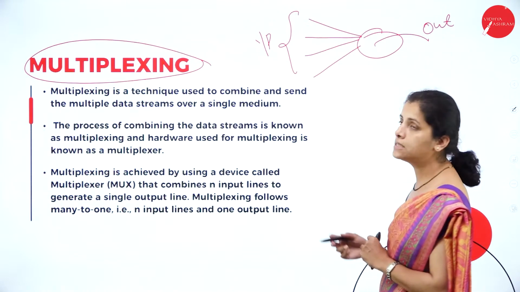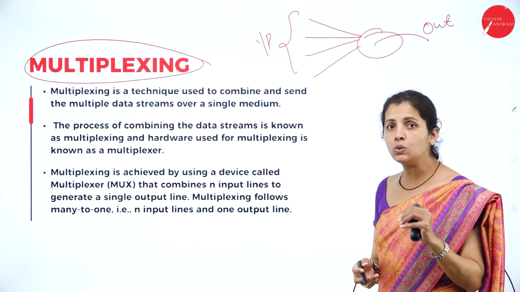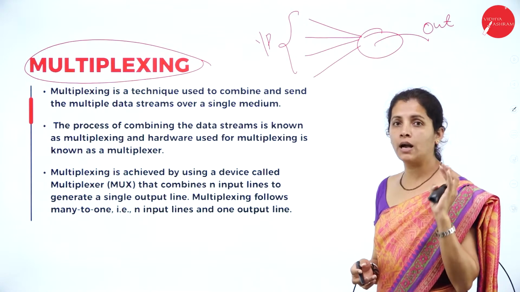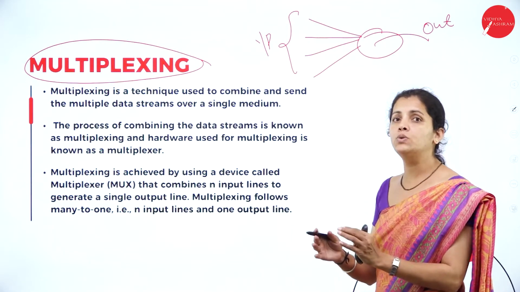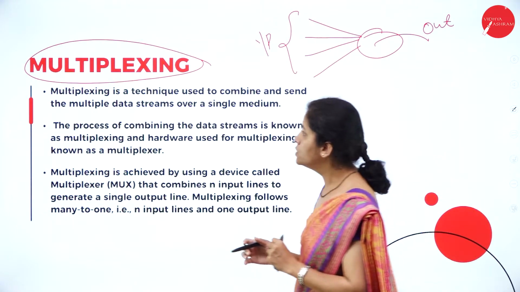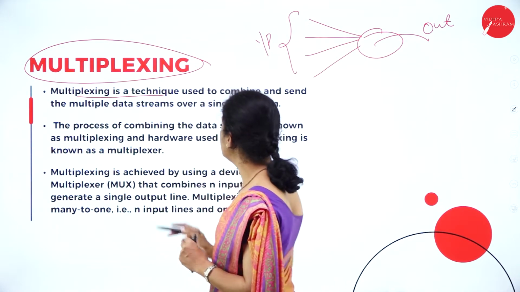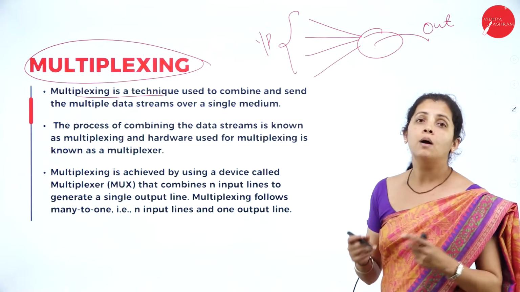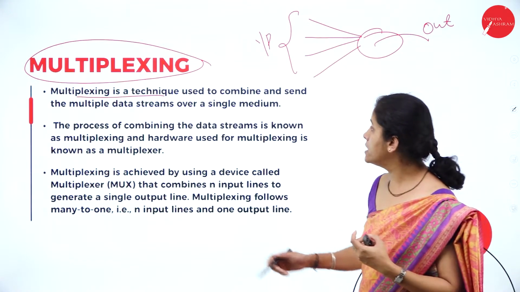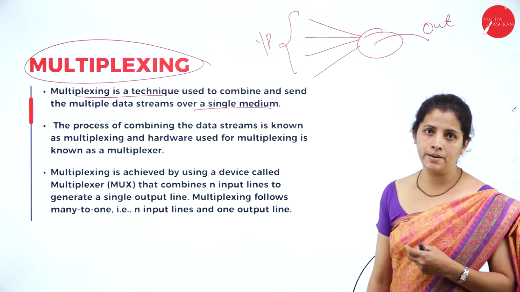It's a device used to combine the inputs and make them into one output. So multiplexing is a technique used to combine and send multiple data streams over a single medium.